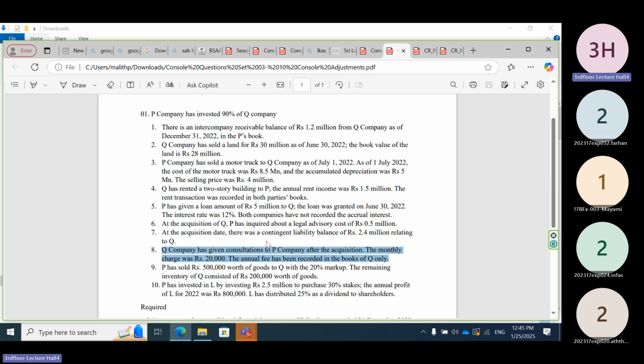But we are keeping an asset for renting purposes, a qualified asset for renting purposes.